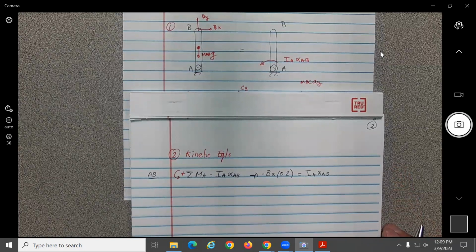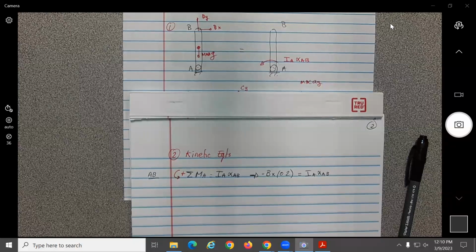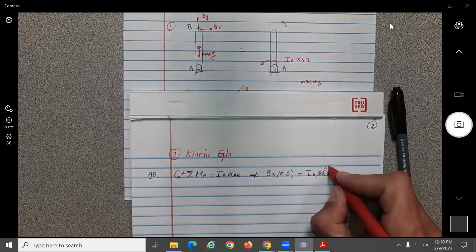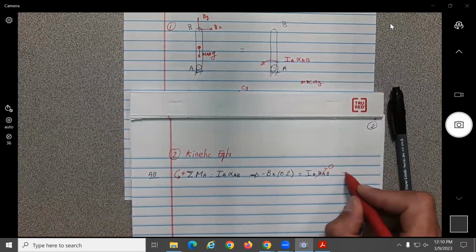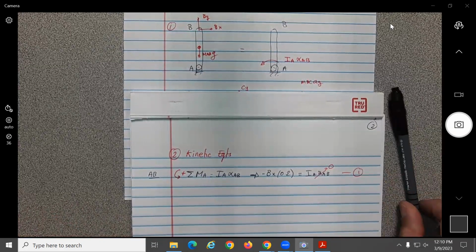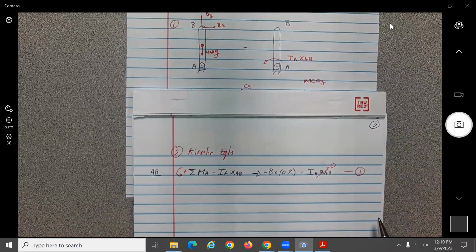Something strange here. Alpha AB is 0, no? Okay, so let's say this is 0. So let's say this is our equation 1. Whatever that is, we try to keep going. This is not going to give us any useful information.